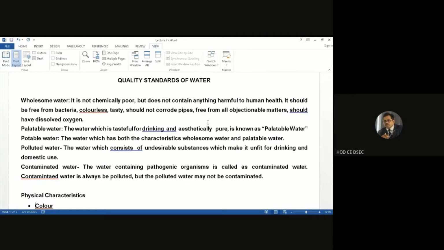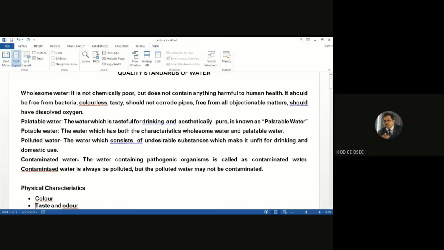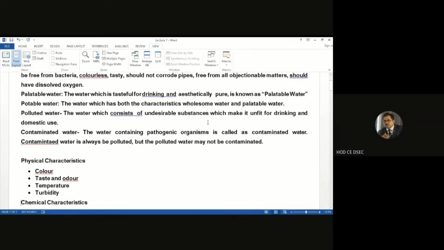Contaminated water is always polluted, but polluted water may not necessarily be contaminated water. So this is the basic terminology of wholesome water, palatable water, potable water, polluted water, contaminated water. These are the terminologies which you use regarding the quality of water, whether we will accept or reject the water.